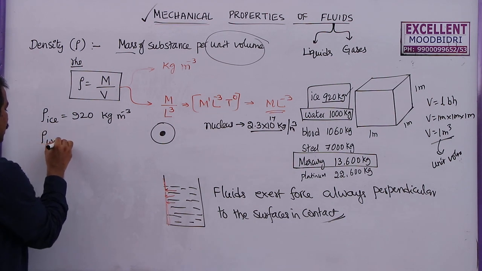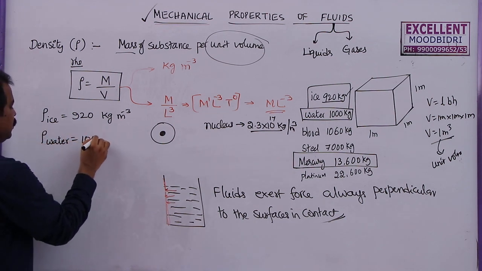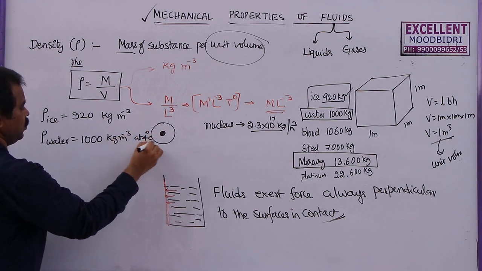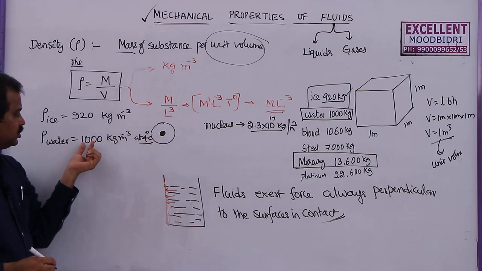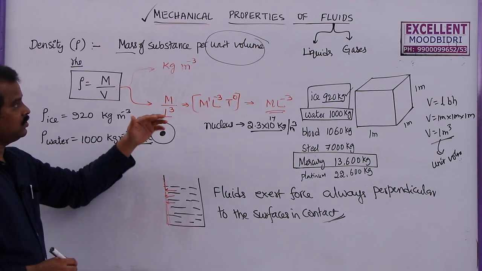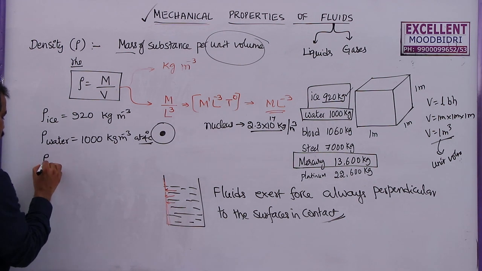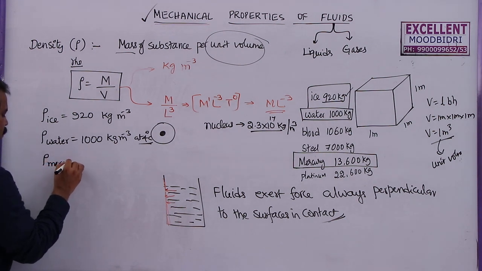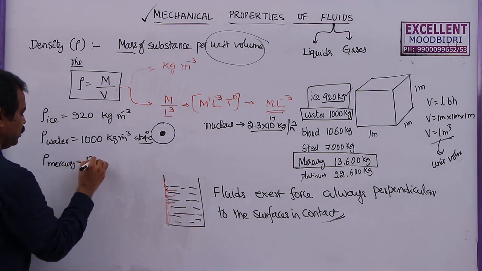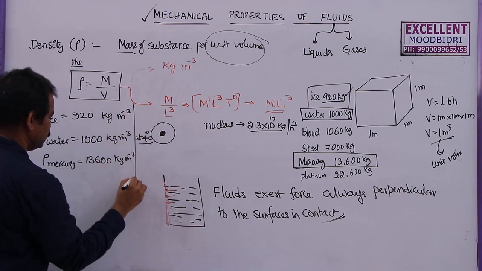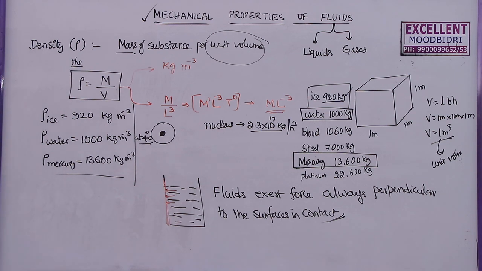Density of water is exactly 1000 kgs per meter cube at 4 degrees centigrade only. If temperature changes, this value slightly changes. That we will discuss in the next lesson, the thermal properties of matter. Similarly, density of mercury is around 13,600 kgs per meter cube. So these three values are very, very important.